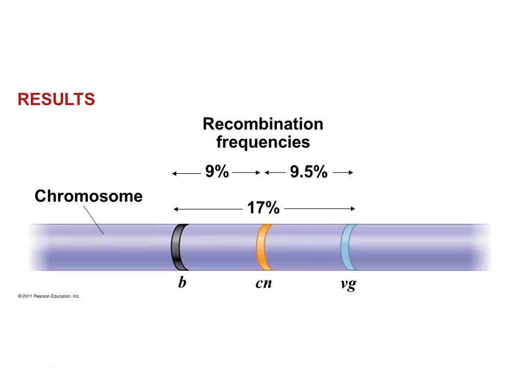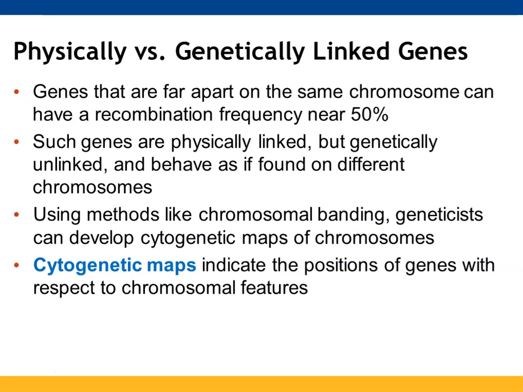So here with these three recombination frequencies, by knowing the relationship between B and CN and between CN and VG, we can ascertain how B should fall, whether B should fall between CN and VG, or whether B should fall on the opposite side of VG. I've already talked a lot about this physical versus genetic linkage.